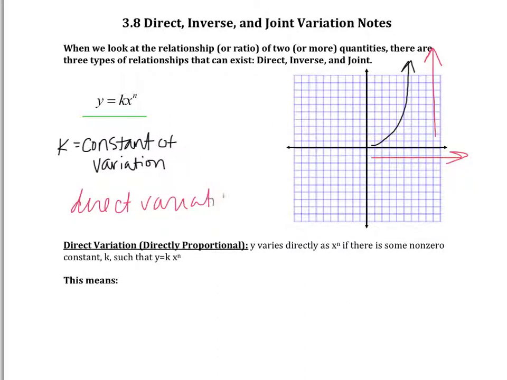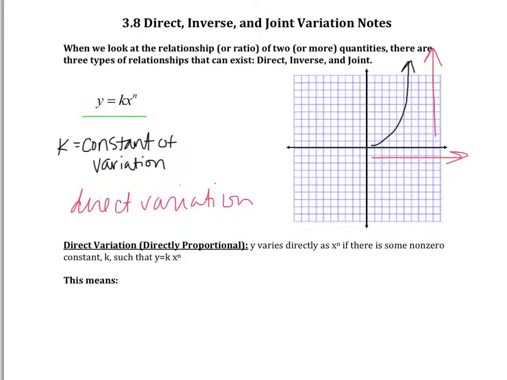What a direct variation means is that as one variable gets bigger, the other one also gets bigger, or as one gets smaller, the other also gets smaller. Direct variation, or directly proportional, means that y varies directly as x to the n if there is some non-zero constant k such that y equals k times x to the n.